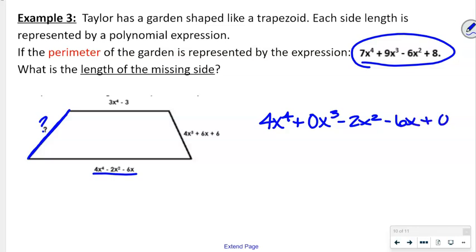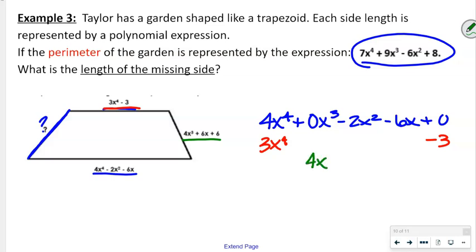Again, trying to just get a space holder for all those terms so that if I find something that matches up with it, I put it underneath it. Then I'm going to do this side, this one up here. Okay, I'm doing 3x to the 4th, and I got my minus 3 all the way over there, right? Then I got my 3rd side right there. That is 4x to the 3rd, right?